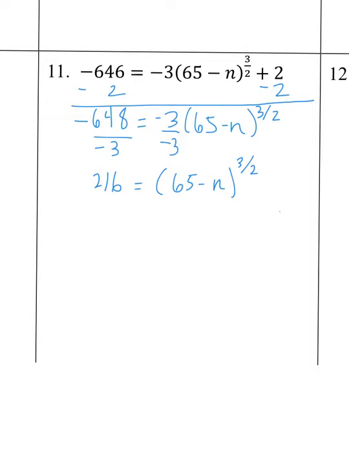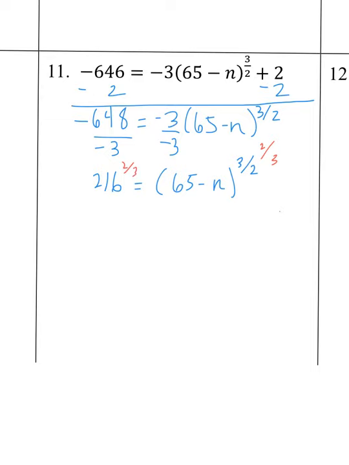So now we have isolated whatever's in the parentheses and the exponent. So we can solve it the same way that we did the previous problems. Take the reciprocal of 3/2, which is 2/3. Sorry, the inverse, I should say. So we're going to multiply 2/3 to both sides of the equation.